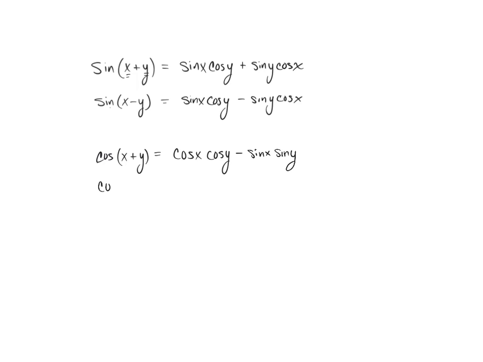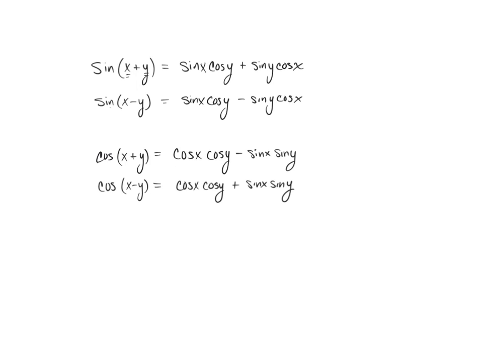You might be able to guess from the pattern that we've seen in the sine formula, when this turned to a minus, this plus turned to a minus. Well, in the cosine one, when we go to x minus y, the same thing's going to happen. We're going to say cosine of the first, cosine of the second, but it's going to become plus sine of the first, sine of the second.